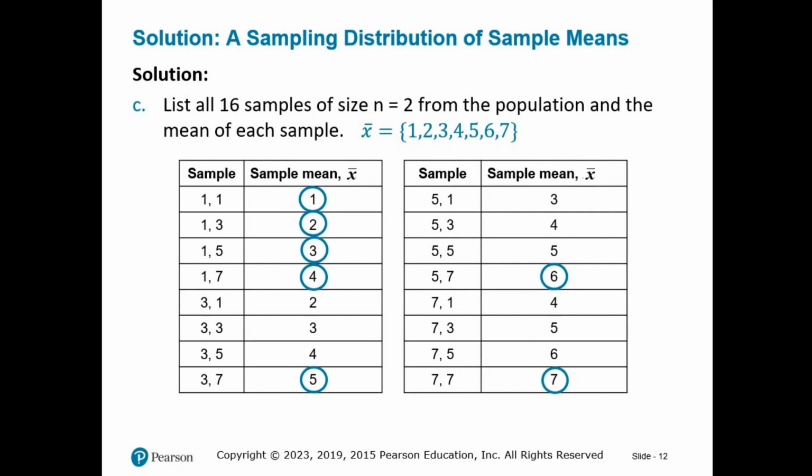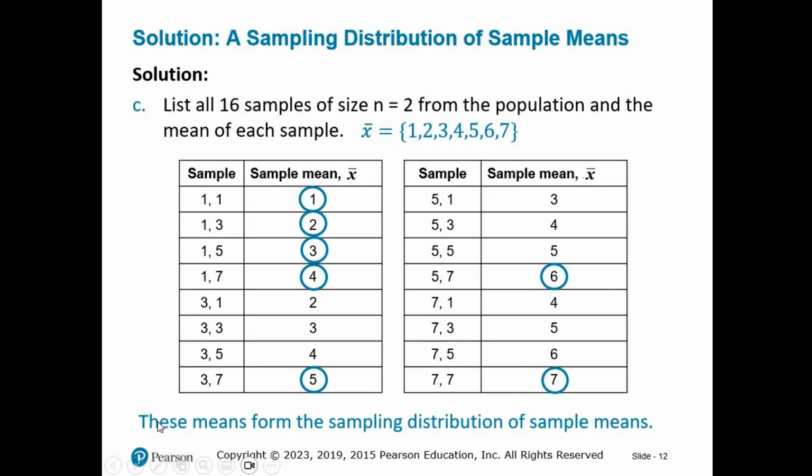X bar could be 1, 2, 3, 4, 5, 6, or 7. That's where we get that list of numbers we were working with on the calculator before. There are more than one instances of these possibilities, but the set of possible values for x bar are these values. Now we just create the sampling distribution like we did before, but for the sample means.